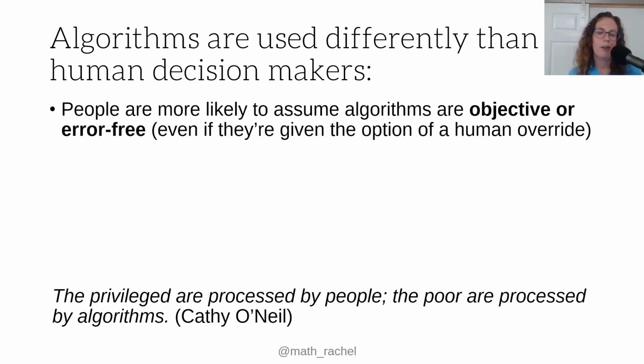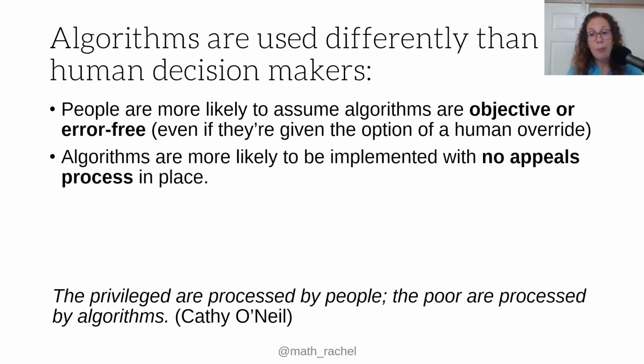One aspect of this is people are more likely to assume algorithms are objective or error-free, even if they're given the option of a human override. Even if you just say, I'm giving the judge this recommendation, they don't have to follow it, if it's coming from a computer, many people are going to take that as objective. In some cases, there may also be pressure from their boss to not disagree with the computer. Nobody's going to get fired by going with the computer recommendation.